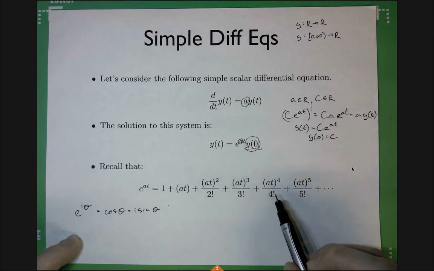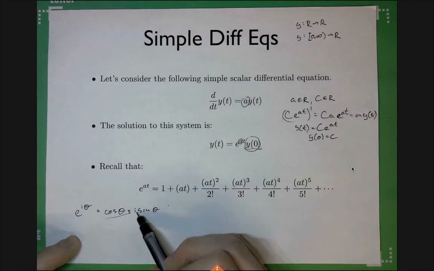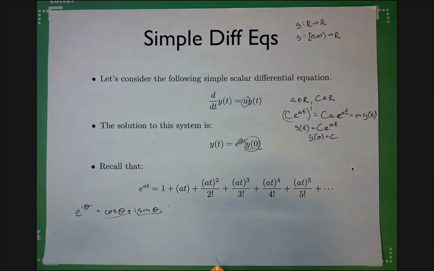And i to the 4 will be 1, and so on. And this series splits into two series which exactly correspond to cosine and sine. So this is how you can prove it if you wanted to. I mean, we are not doing calculus here, so I'm not going to do it. I'm just pointing out this connection with the previous lecture.